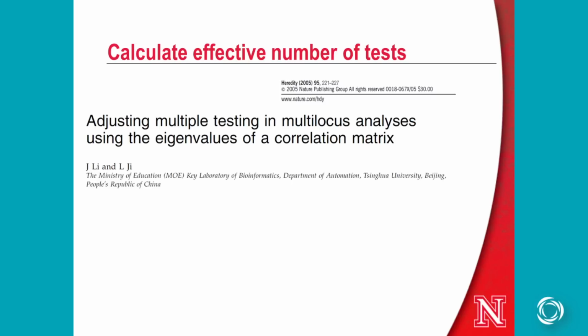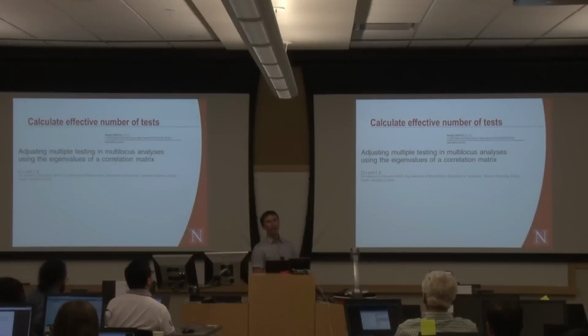And then you take that number and use it as you would in your Bonferroni correction. In this data set, we have 36,000 SNPs, but if my calculations are correct, we only have 619 effective SNPs.